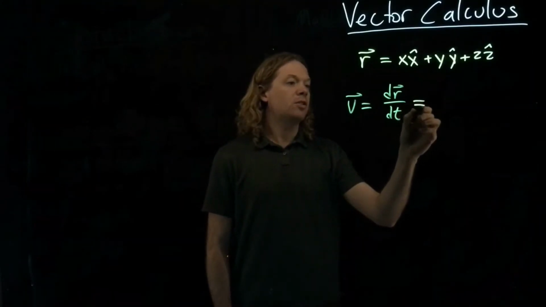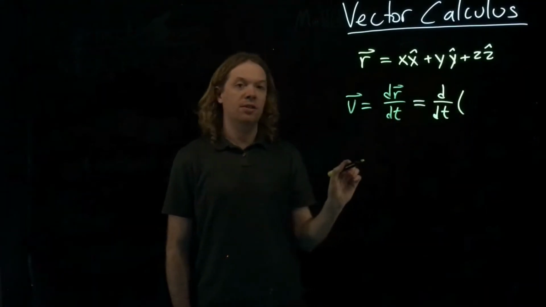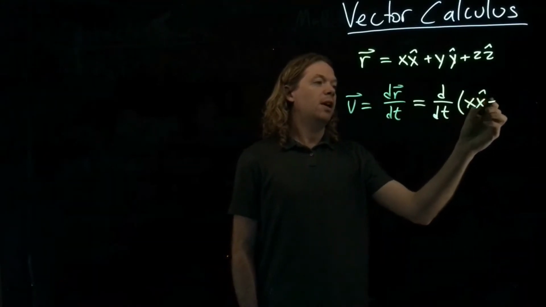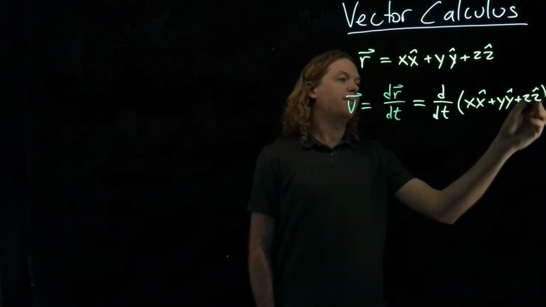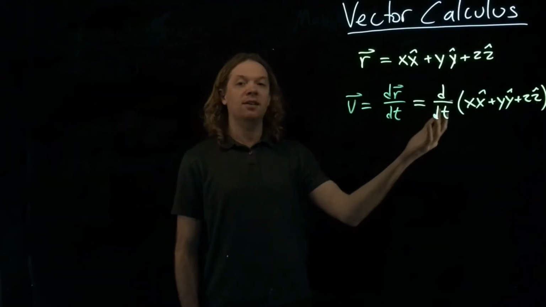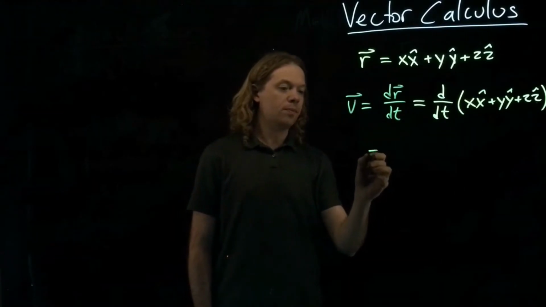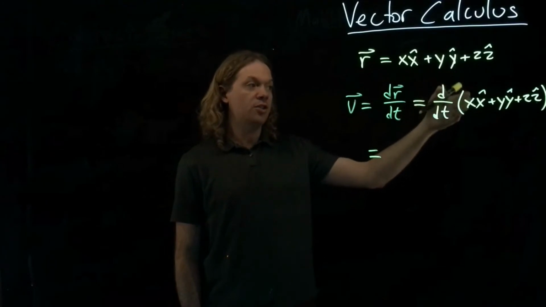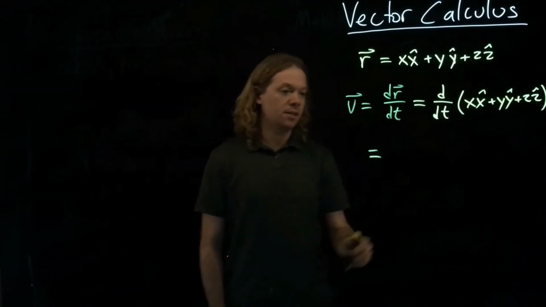So I can just put my definition of r into that position right there. x x hat plus y y hat plus z z hat. And I can proceed to take the derivative through that position vector. This is a sum of three terms, so the derivative will hit each term individually. So if I want to write that all out, it looks something like this.